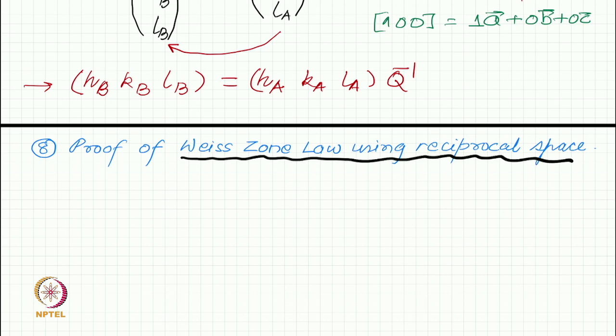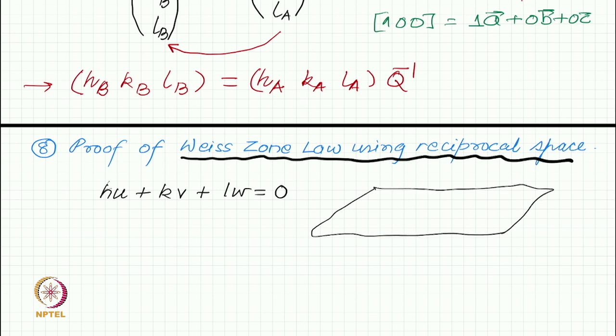Weiss-Jones law was H u plus k v plus L w is equal to 0 as a condition that you have a plane H k L, and you have a direction u v w.